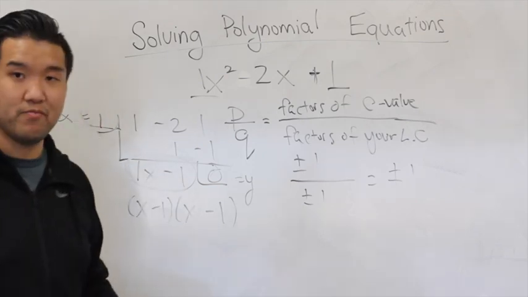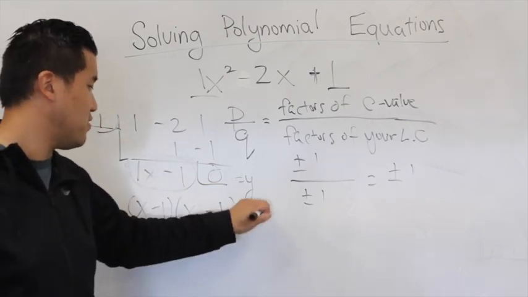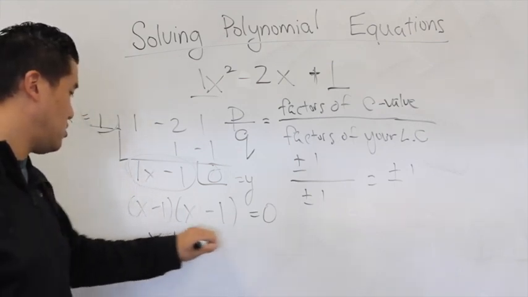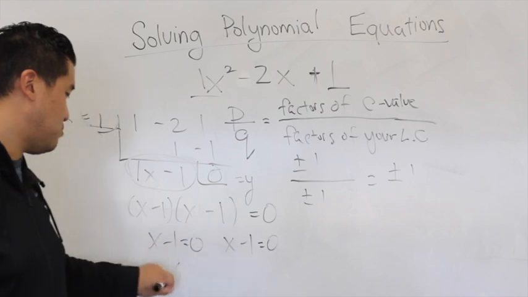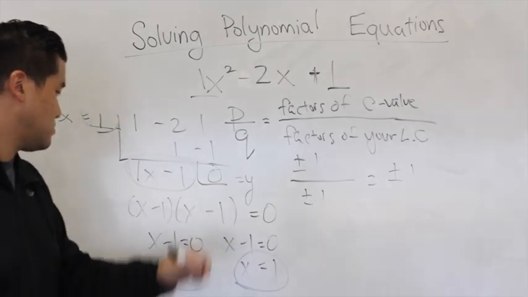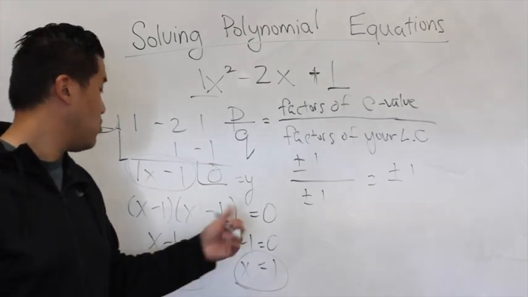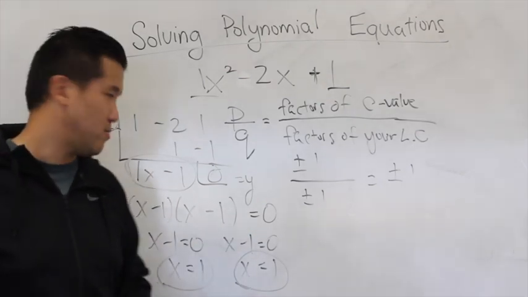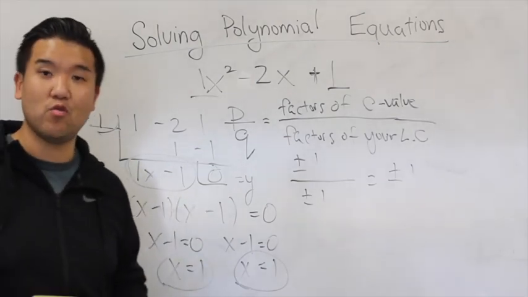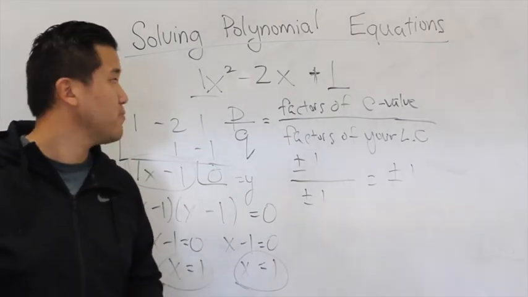This is my fully factored form. If we're solving it, we set it equal to 0. We set each term equal to 0. You don't have to do this twice, but I just wanted to show it. So we have an x-intercept at 1, because x minus 1 times x minus 1 is a factor, so x equals 1 is an x-intercept.